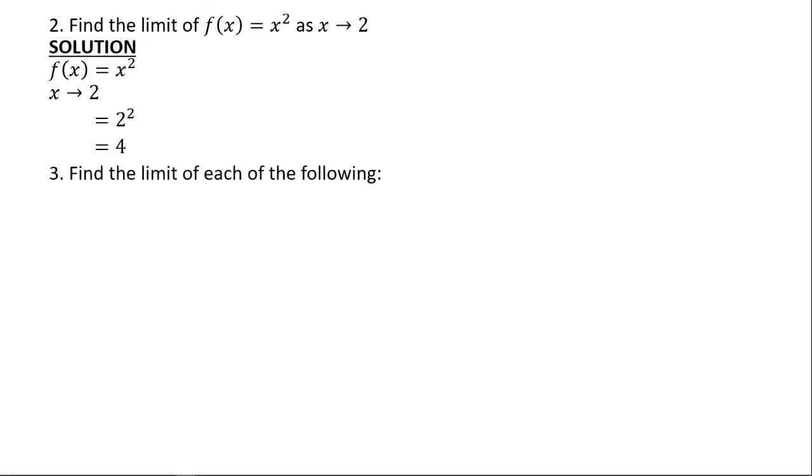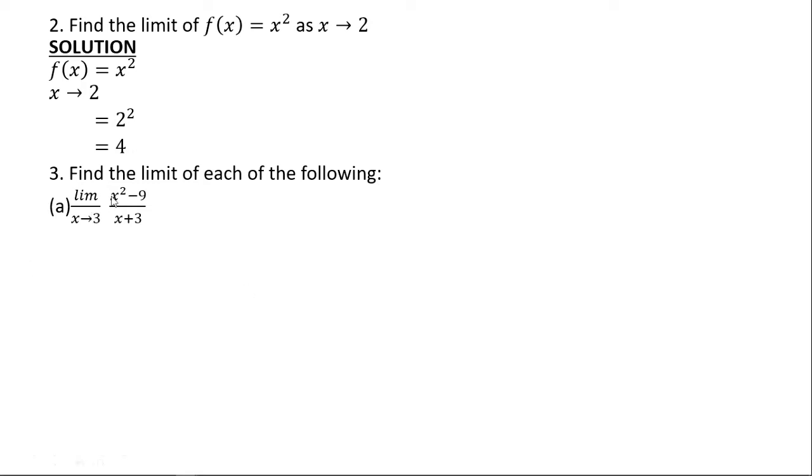Question 3. Find the limit of each of the following. We have the limit of x squared minus 9 over x plus 3 as x approaches 3. Now, x squared minus 9 is a difference of 2 squares.